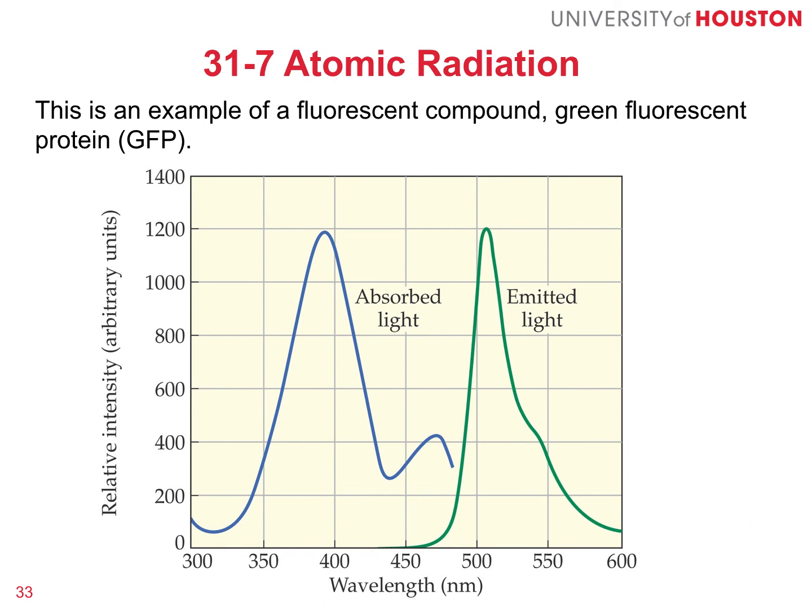One example of a fluorescent compound is the green fluorescent protein, GFP, and this essentially makes things glow in the dark. How this works is this absorbs photons which excite electrons, and then the electrons slowly decay to lower energy states, but as they do so, they lose energy and they emit photons in the form of light as they do so.